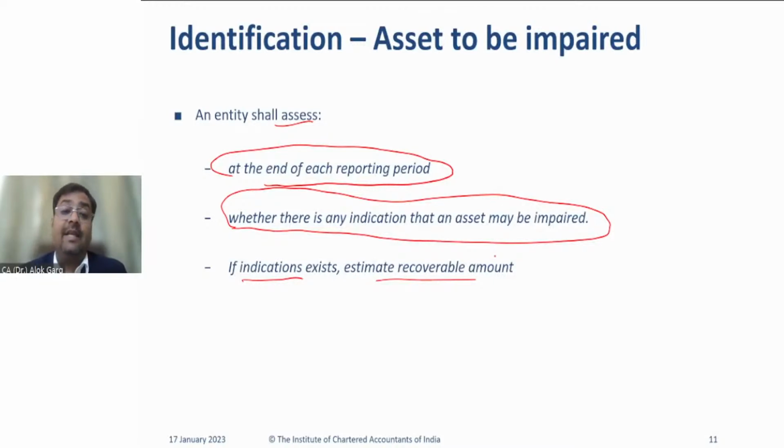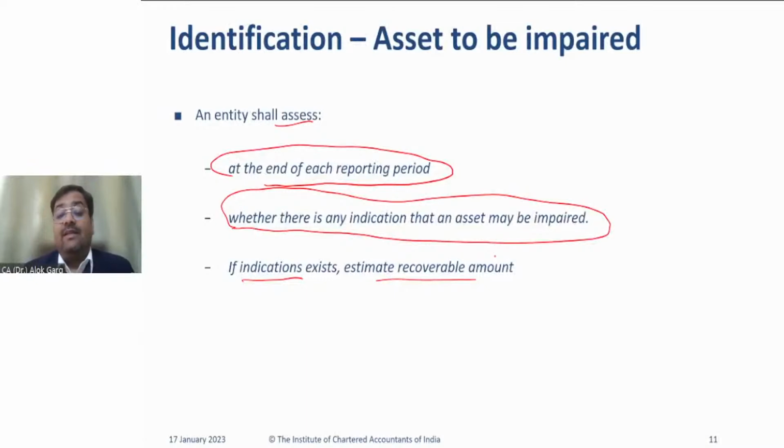The indication was that the government came up with the announcement of banning the diesel car. And that is why this became so famous after COVID. The Institute has also come up with a guidance note on impairment, the guidance on impairment in the situation of COVID.